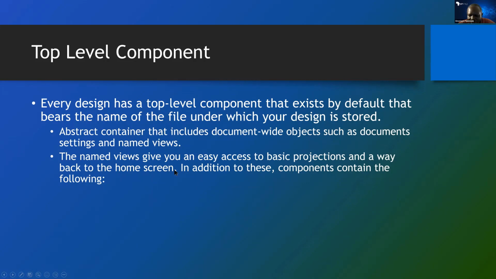The basic projections are just different viewpoints. For instance, if you look from above, we call that the plan. Then we look from one side, the side elevation, and then from the perpendicular side, another side elevation. So you can look at that as X, Y, Z directions of view. So those are named views. The named views give you those projections, so you can quickly go there.